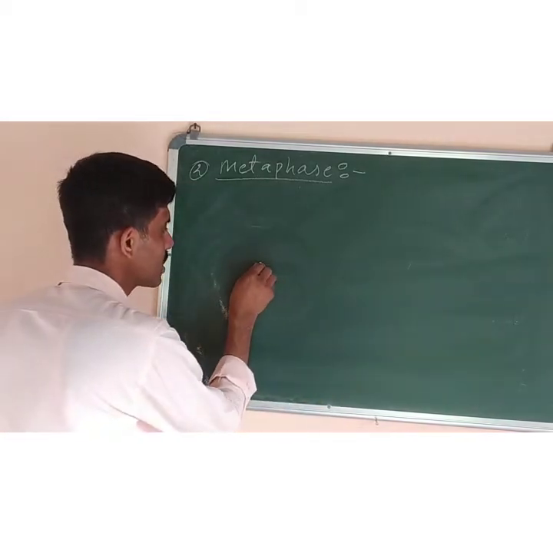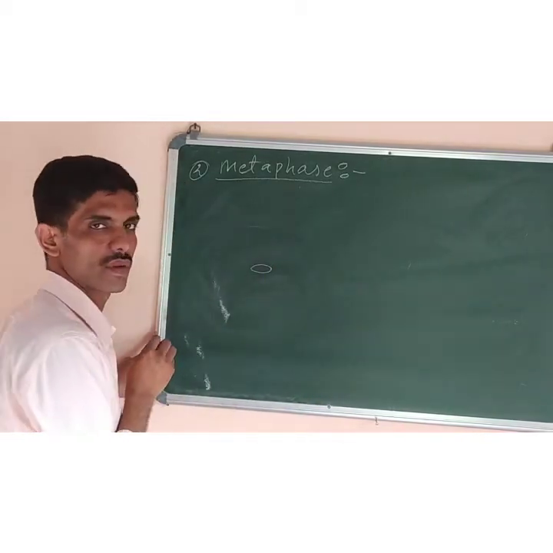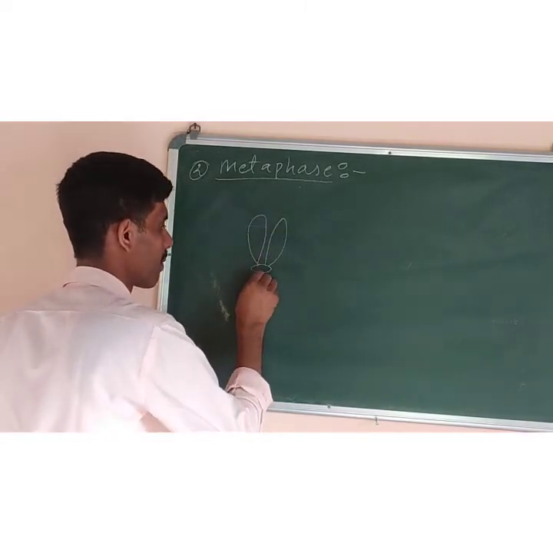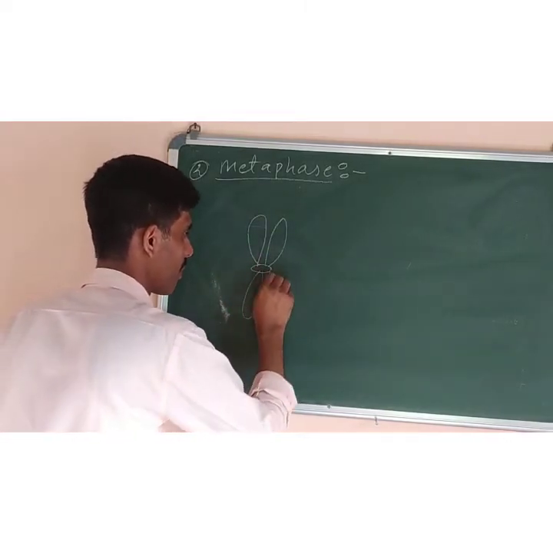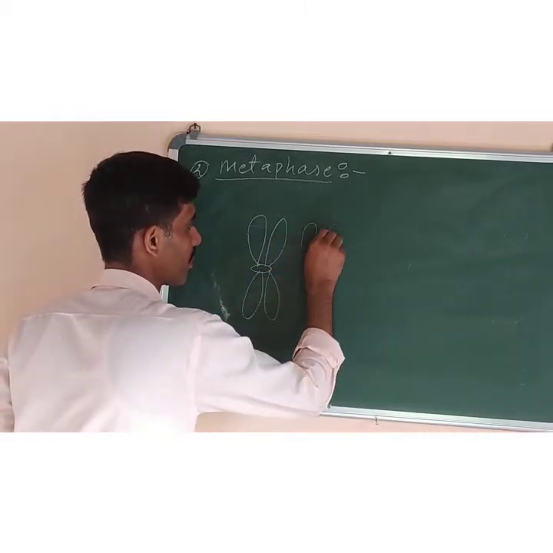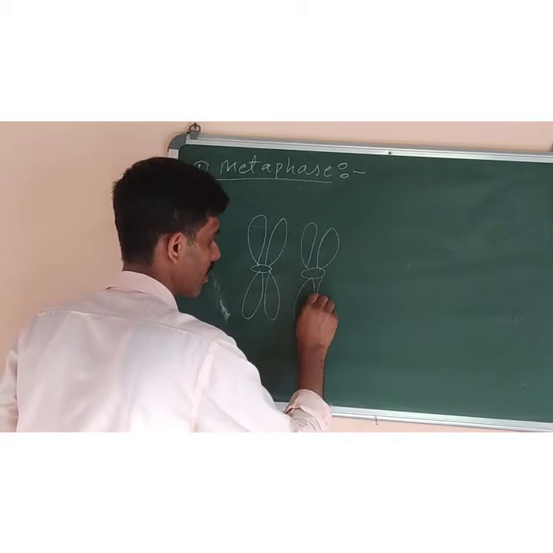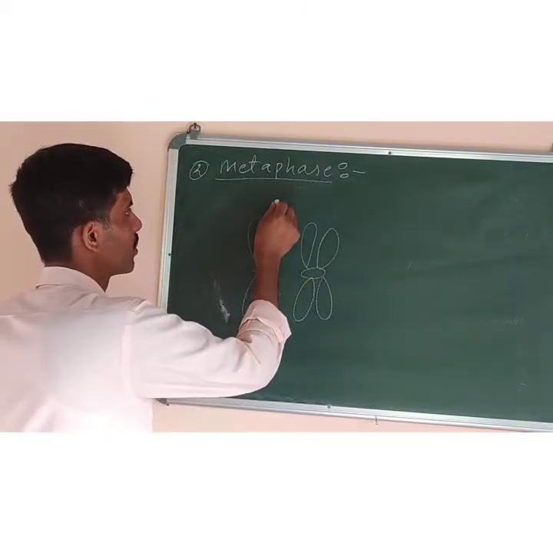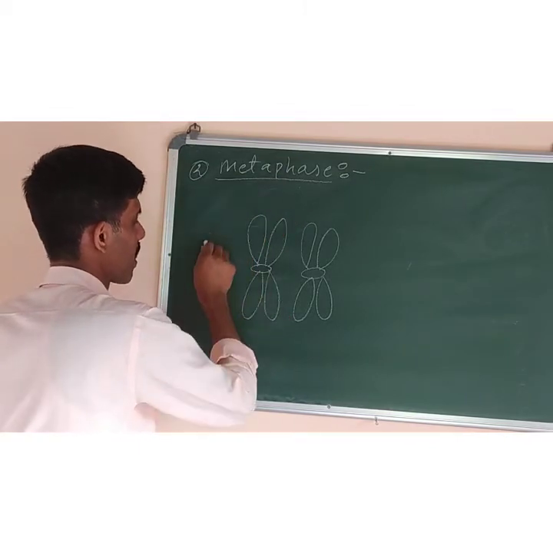This one is the centromere. Okay, another chromosome. Only two I am showing here so that it will be easy for you to understand.